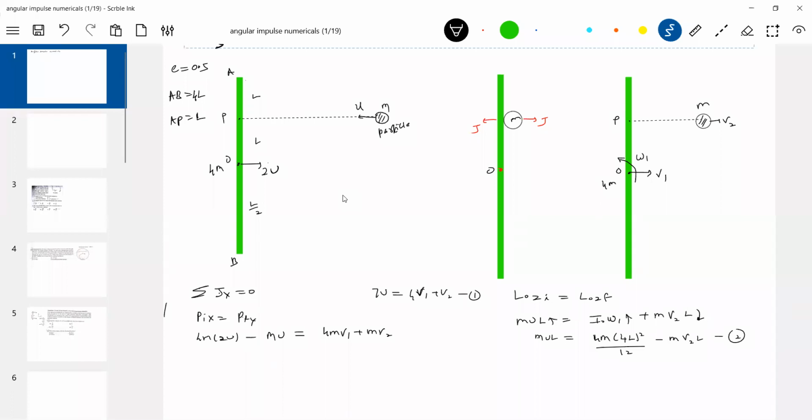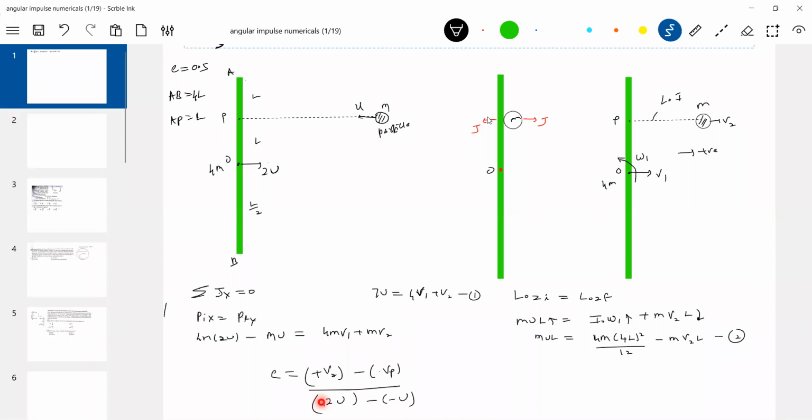Coefficient of restitution. Let me take this as the line of impact, and anything directed towards right I take as positive. Then the coefficient of restitution is equal to the velocity of the particle v2 minus the velocity of point P. I'm assuming it to be positive.